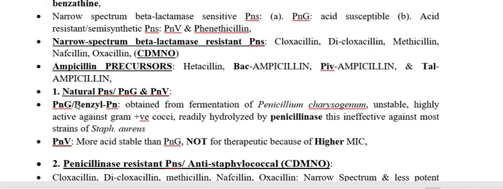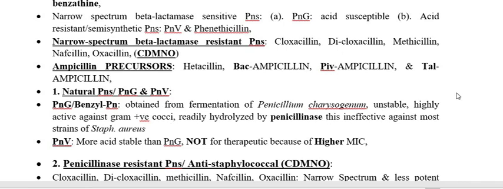One is called natural and the other is called semi-synthetic, because all those other than the natural ones are semi-synthetic. And this semi-synthetic penicillin, on the basis of its spectrum of activity, whether it is broad spectrum against different species of gram-negative bacteria, is divided into different types.